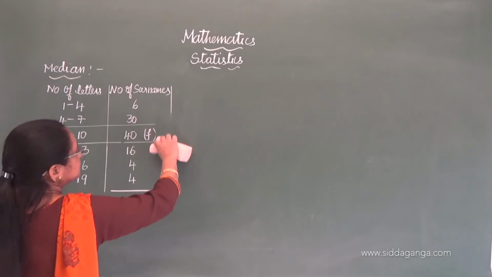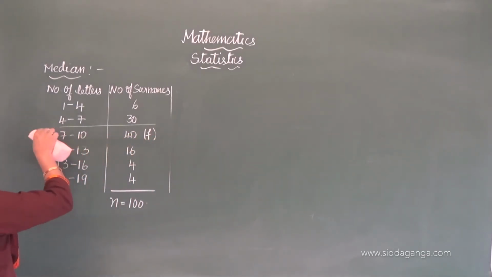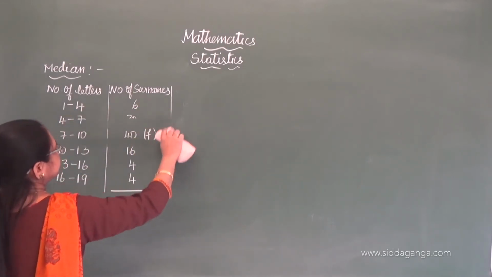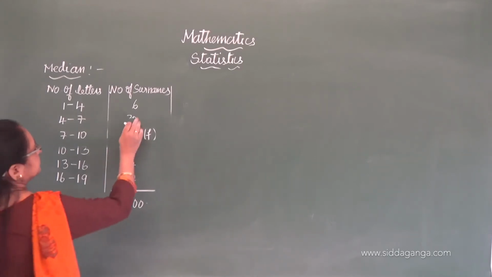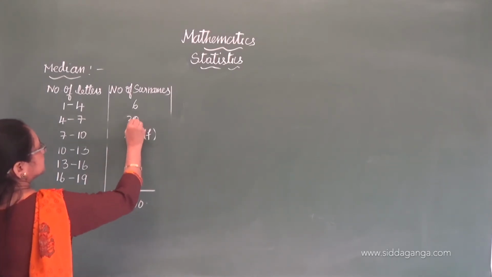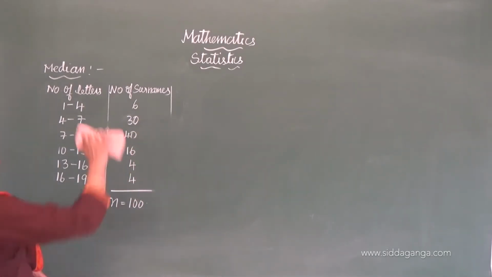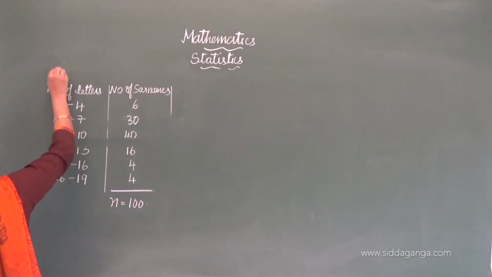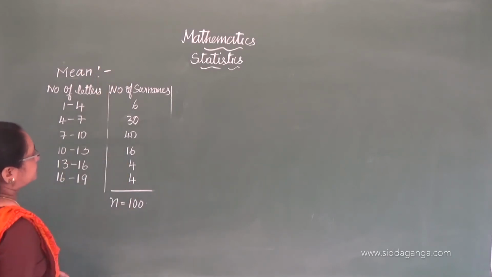You put a different column, write the table once again, and put the side heading mean to find out the mean.